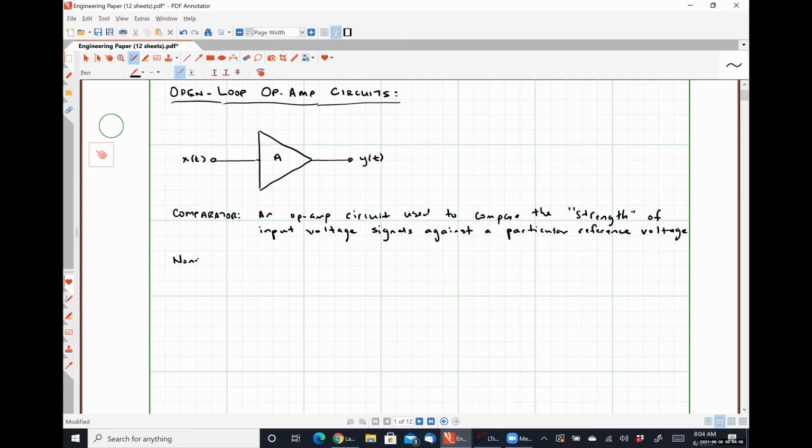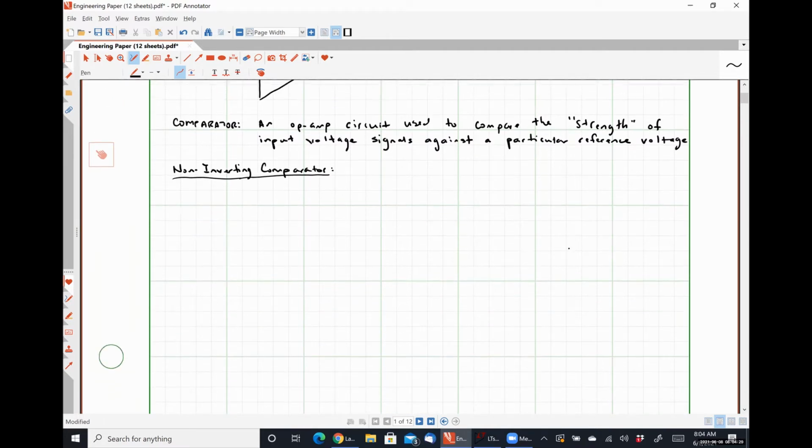We'll begin by figuring out how a non-inverting comparator works, and then move along to inverting comparators and a couple other brief topics. All right. So a non-inverting comparator circuit looks something like this.